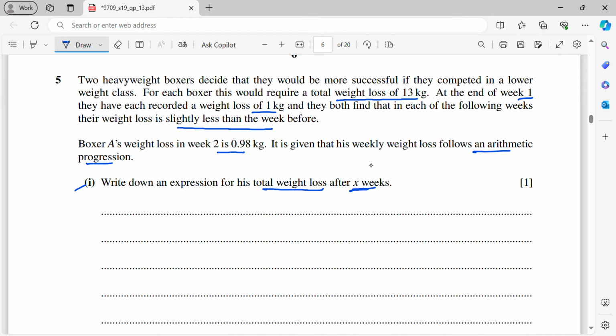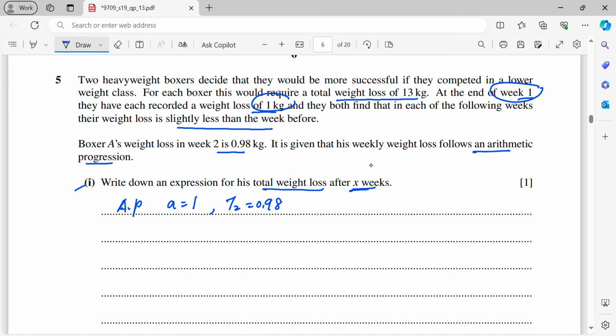Okay, so at the end of the first week, 1 kilogram. So arithmetic progression, a is 1. And then weight loss in week 2 is 0.98, that means T2 is 0.98.